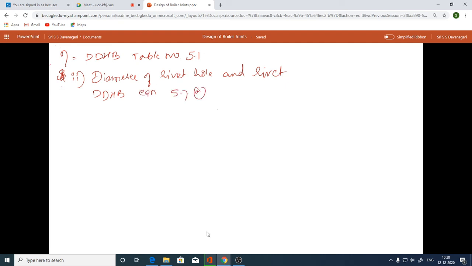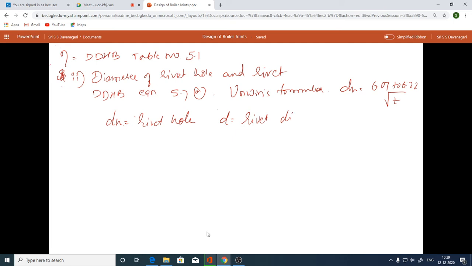That is Unwin's formula for diameter of hole, DH equal to 6.22 times root T. Now once you have got the diameter of rivet hole, DH stands for rivet hole, and D stands for rivet diameter.